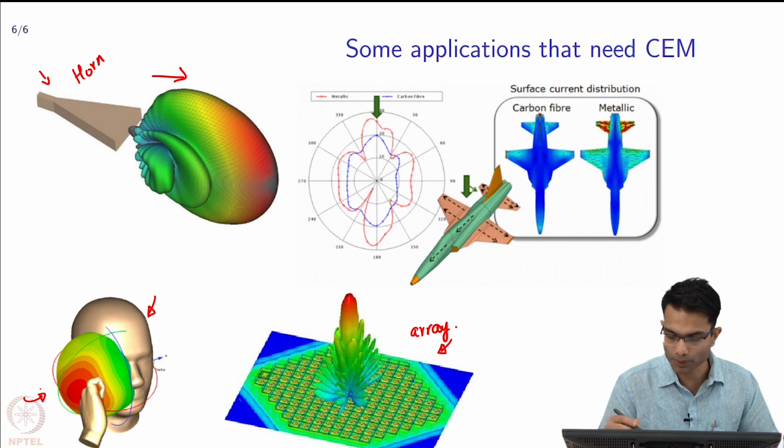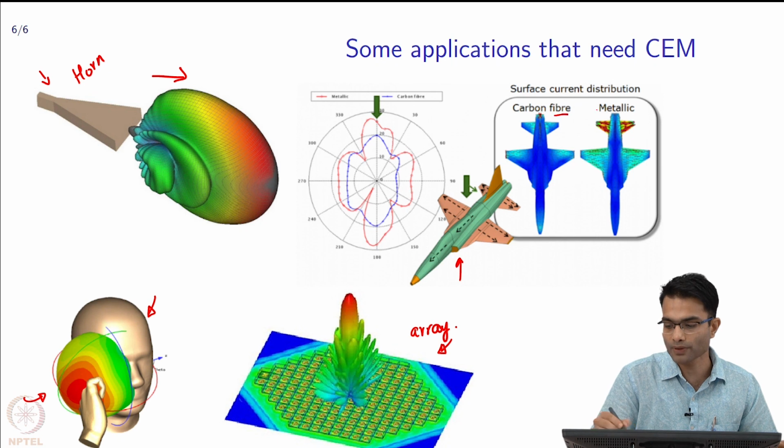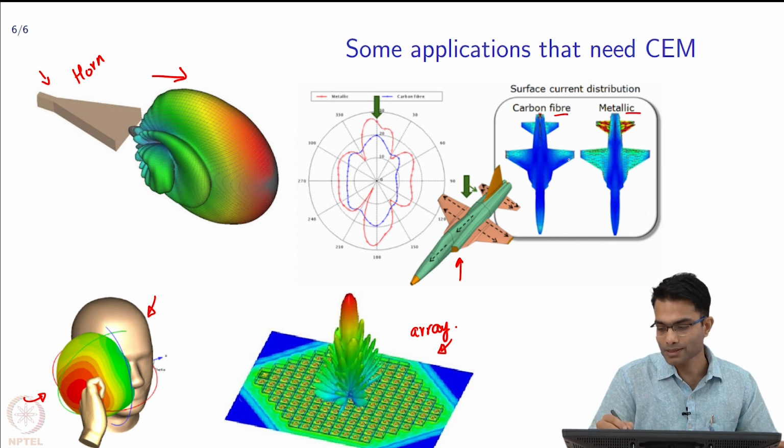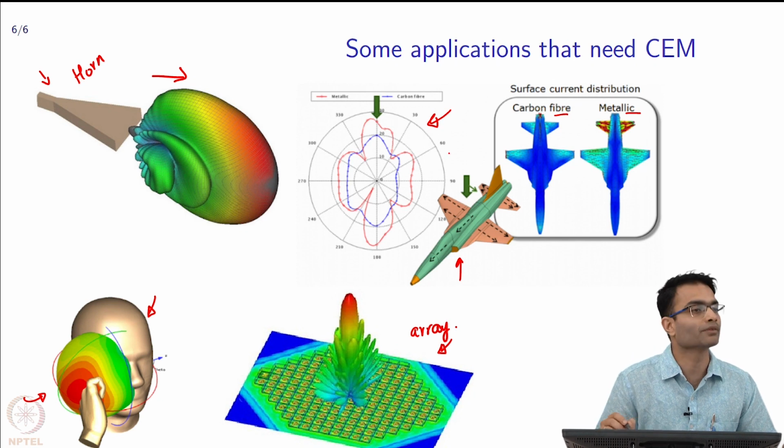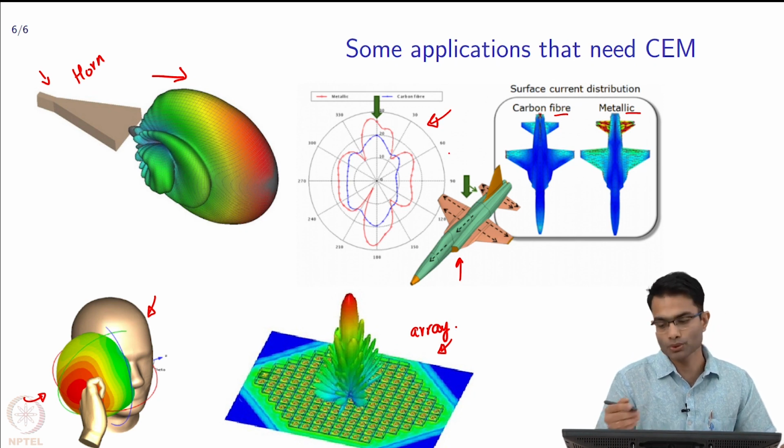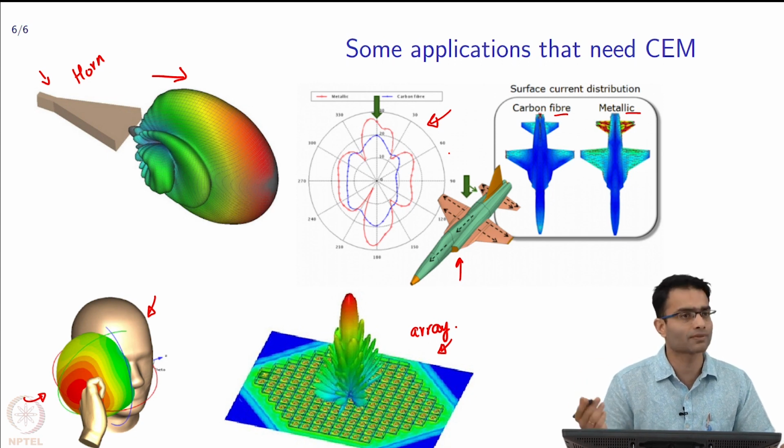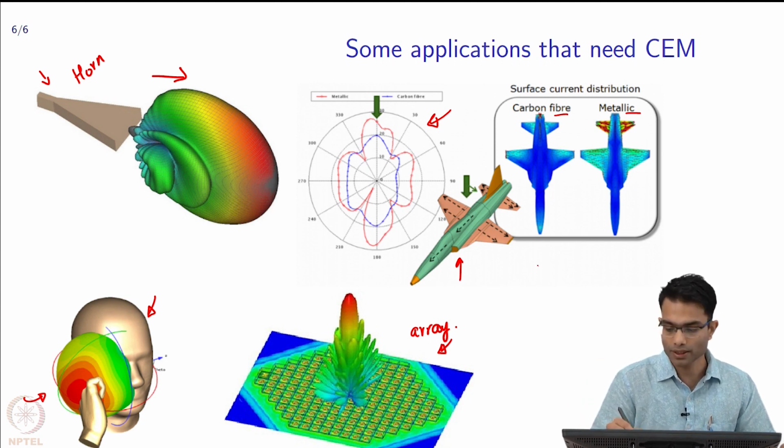So in this simple example, what they have done is they have taken an aircraft and either made it out of carbon fiber or a metallic frame, and this simulation is showing you, I think, the electric fields on the surface. So they are different, and therefore the radar cross section is going to be different. So this can be used for aircraft, ships, any other such missiles where it is needed to know what the radar cross section is. This is RCS calculation.